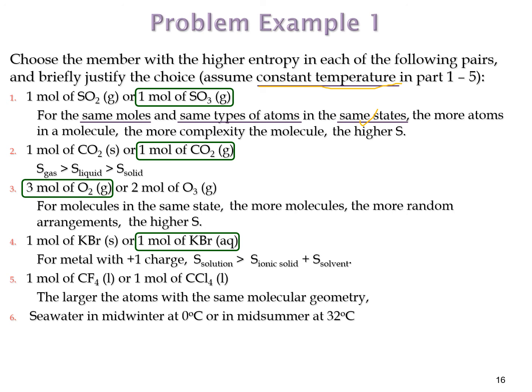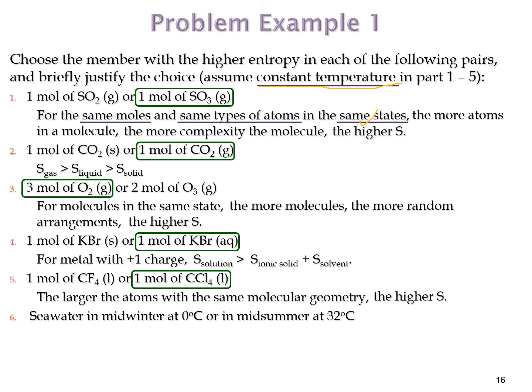Third, number of moles not happening because we have 1 mole of both substances. That leaves out the scenario 4. Which one is larger? Which one is more complex? CCl4, carbon tetrachloride. So 1 mole of CCl4 has a higher entropy.